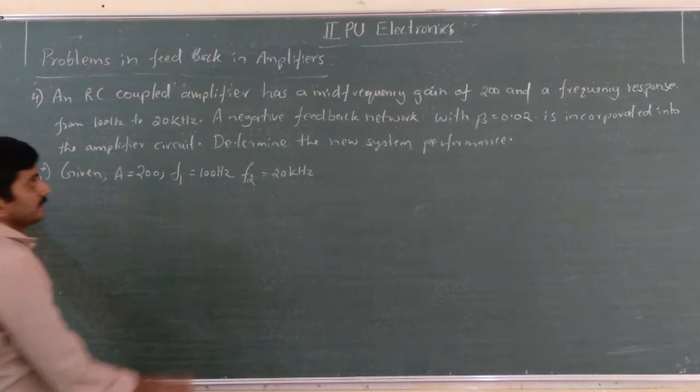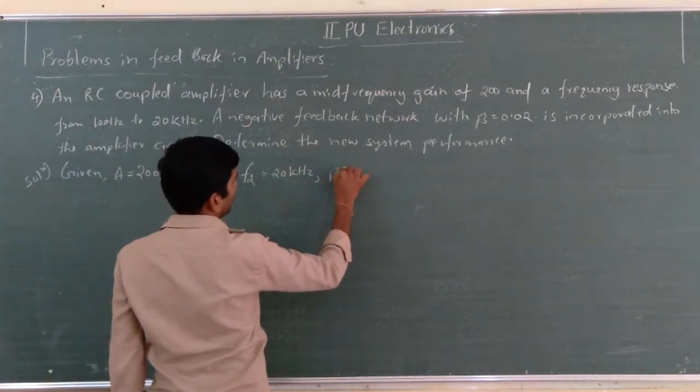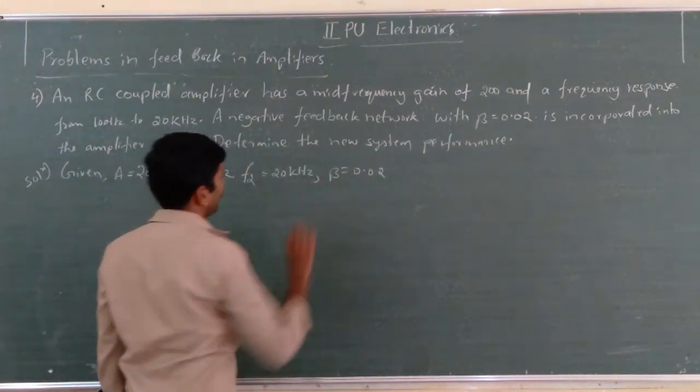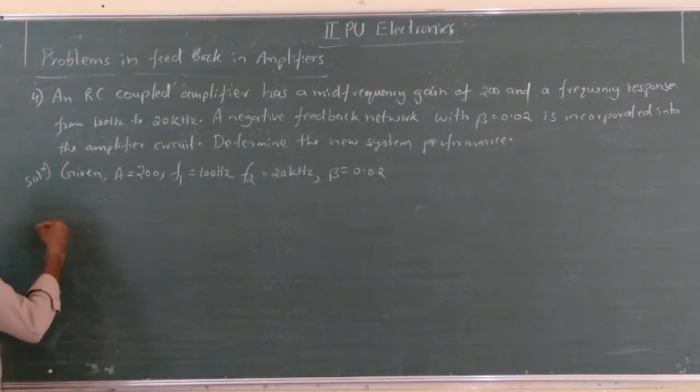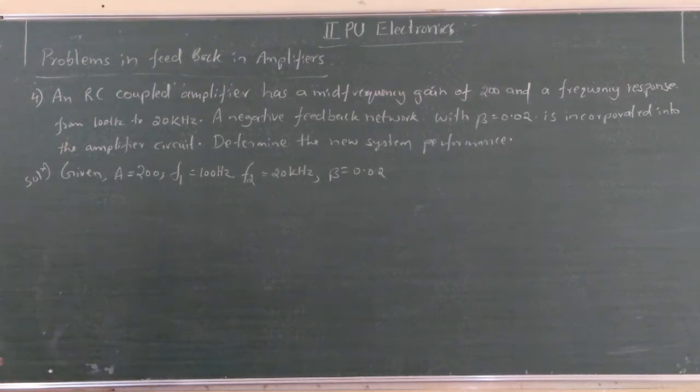Okay. So, what is negative feedback? Feedback factor of 0.02 is incorporated, new system performance. We know that with negative feedback, the higher cutoff frequency increases and the lower cutoff frequency decreases, bandwidth increases, gain decreases. These all things should be calculated.